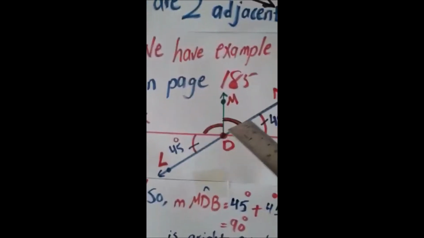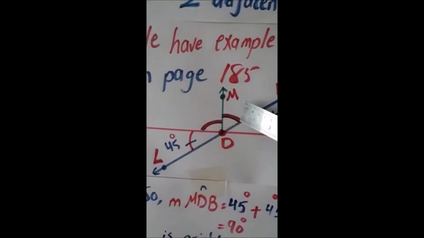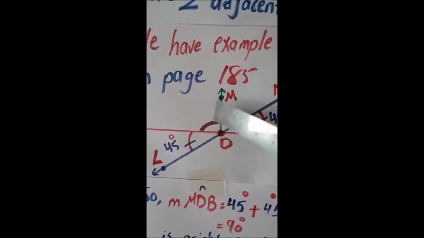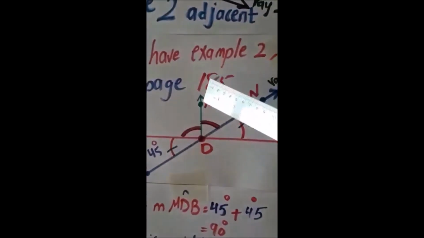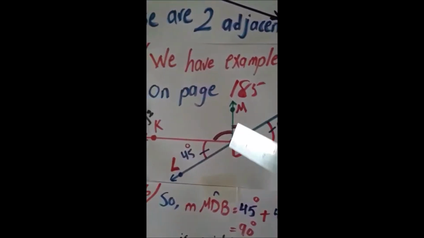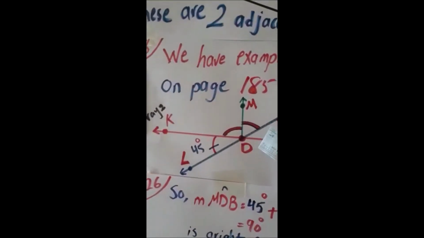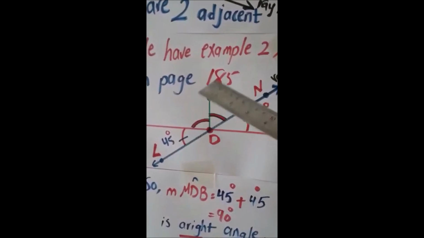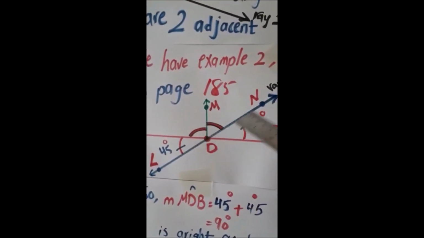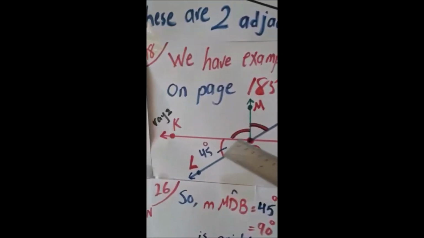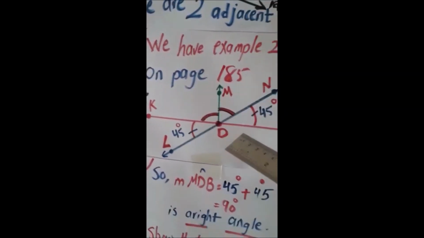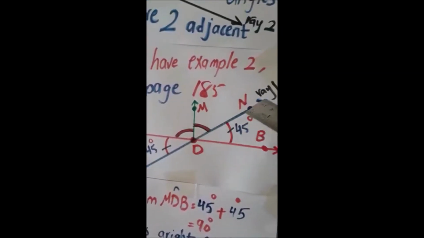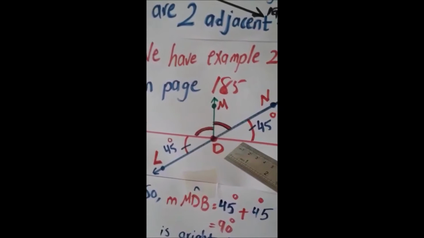As you see, we have the same symbol for both of them, which means they are adjacent. The common ray is MD, DN is ray number 1 and DK is ray number 2.